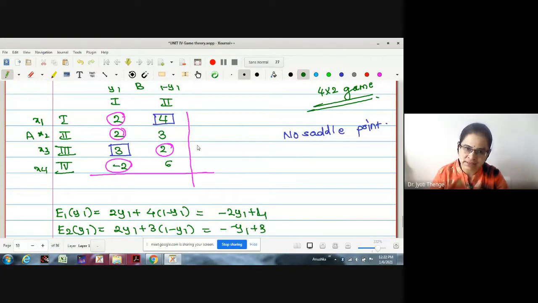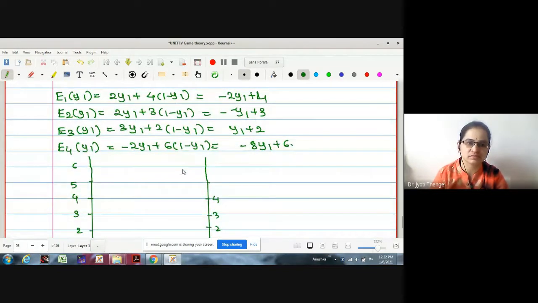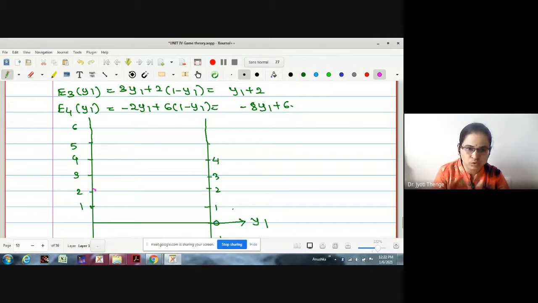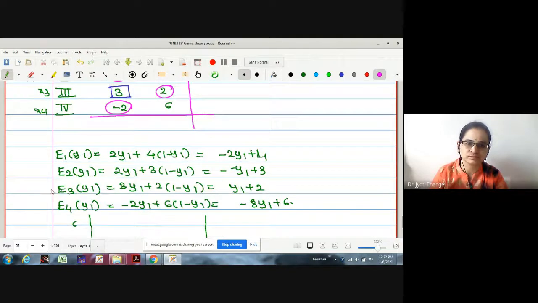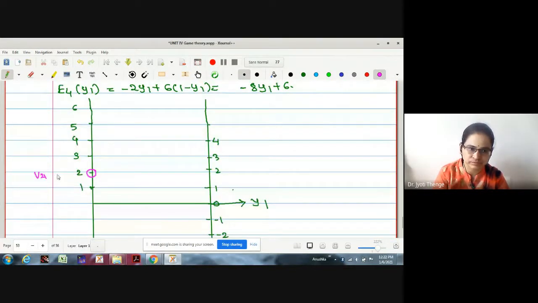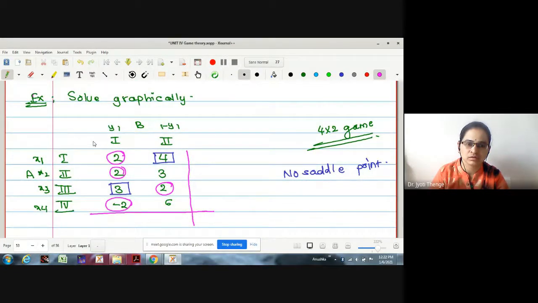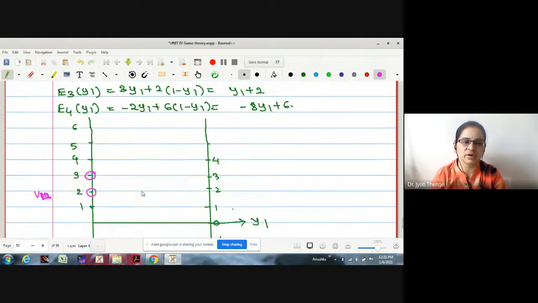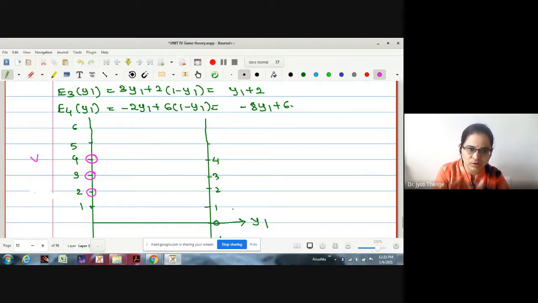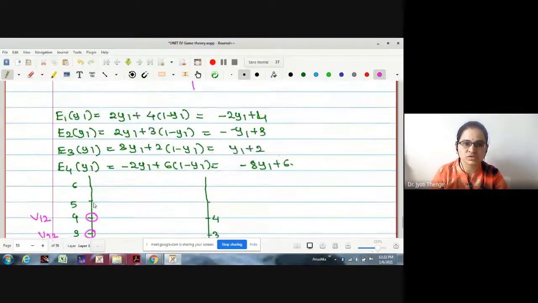First axis means second column: 4, 3, 2, 6. 4 is V12, 3 is V22.